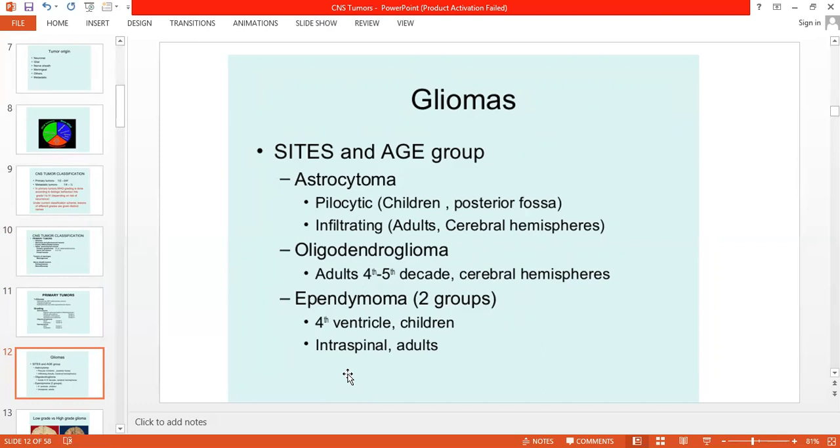Oligodendrogliomas occur in the fourth to sixth decades, usually in the cerebral hemisphere. Ependymoma has two age groups, childhood and adult. In the childhood group, they are usually located in the fourth ventricle, and in adults, they are usually found in the spinal cord.